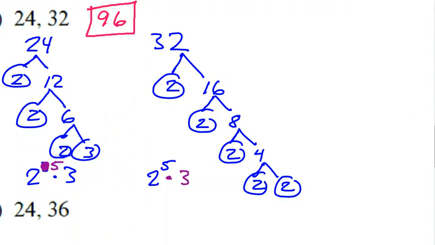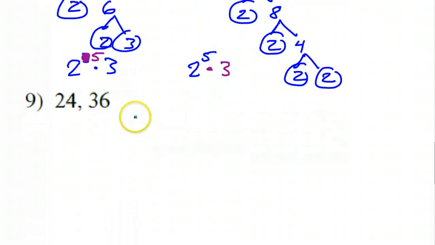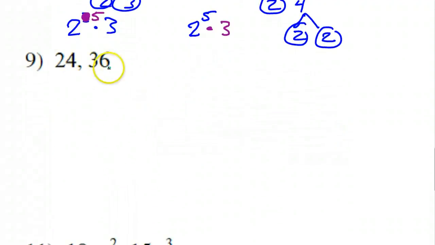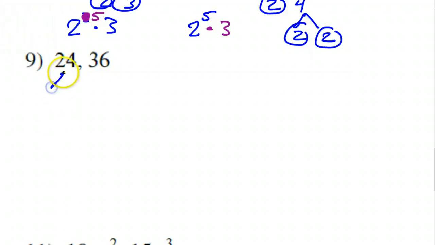Okay, yeah, that's how you do that. So let's do it again. 24 and 36, prime factorization. All right, hold on, let me just do it separately again. So 24 and 36.